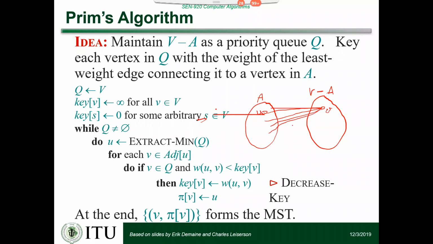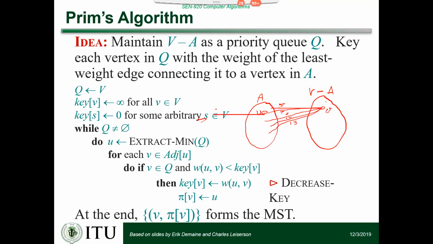So among all these cross edges incident to V, we choose the one with the lightest edge weight. Let's say this is 5, and this is 7, this is 2, and this is 10, and this is 13. So 2 will be the smallest. So the key for this vertex V is equal to 2.